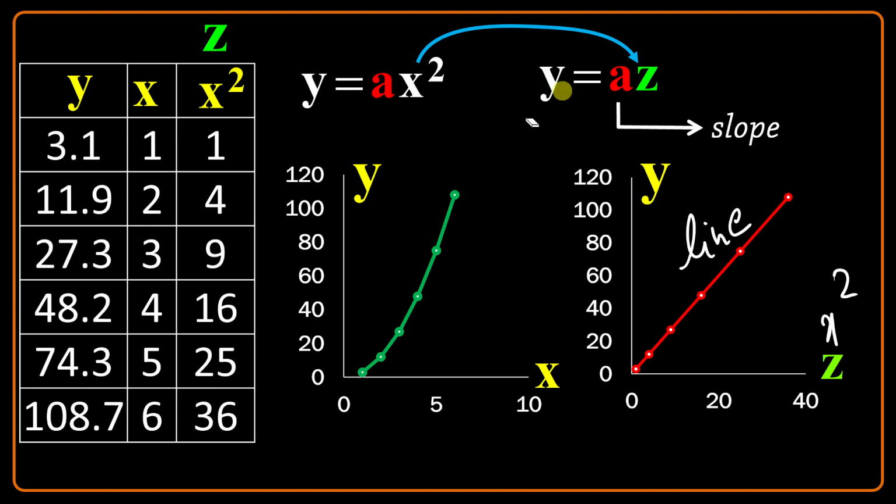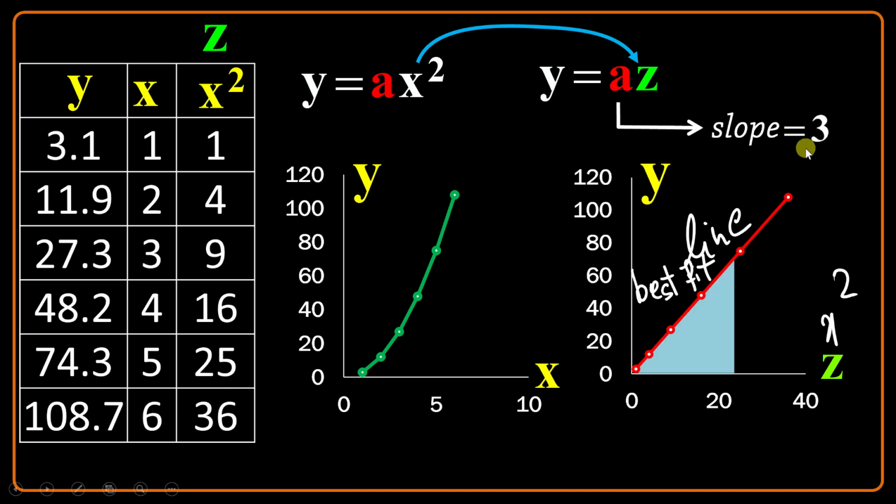What should I do more? I can easily find the value of a, because a here in this line is the slope of that line. Suppose that this red line is the best fit line. If this is the best fit line, the slope of that, it could be a value like 3, is the best value for a. This approach is named linearization.